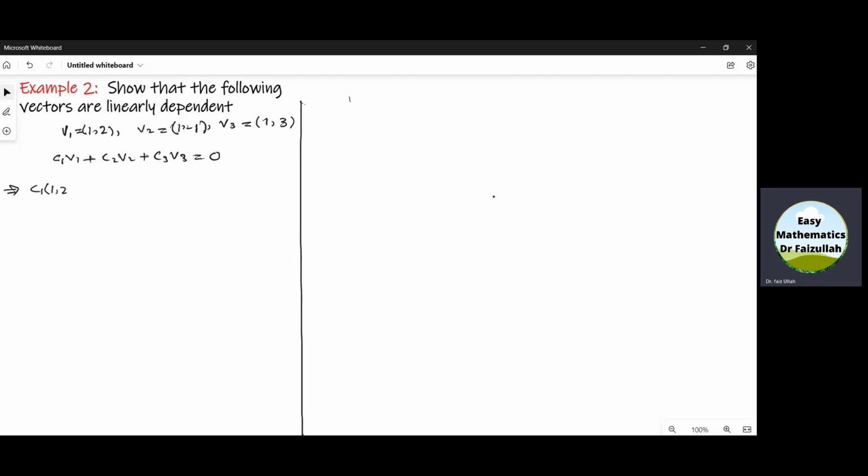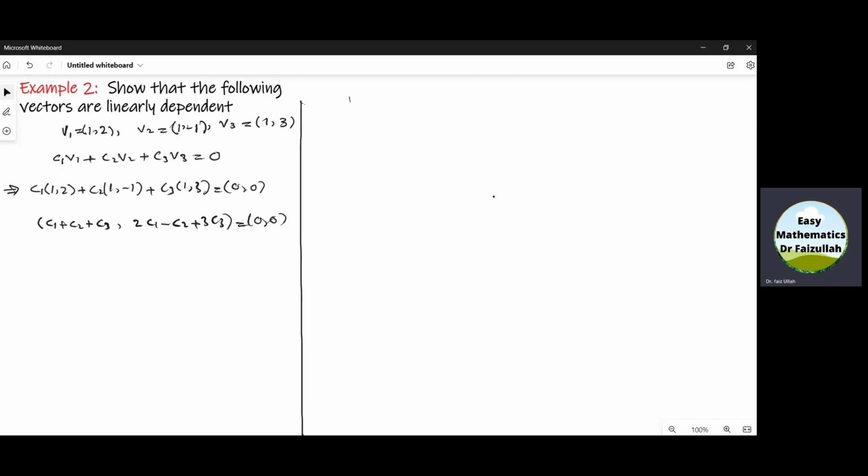So we have (1, 2), then plus C2, here we have (1, minus 1), plus C3, here we have (1, 3), which is equal to the zero vector. From this we get C1 plus C2 plus C3 comma 2C1 minus C2 plus 3C3 equal to 0 comma 0.